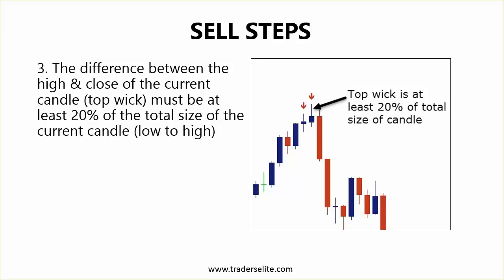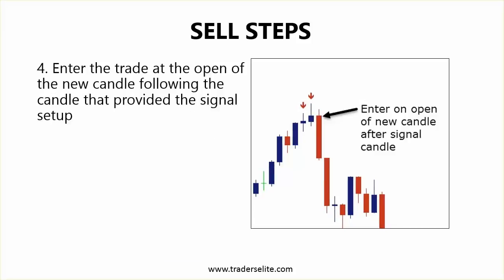Number 3, the difference between the high and close of the current candle, the top wick in other words, must be at least 20% of the total size. Again, in this case, it's over 50% by the looks of it, 55% perhaps. Number 4, enter the trade at the open of the new candle following the candle that provided the signal setup.